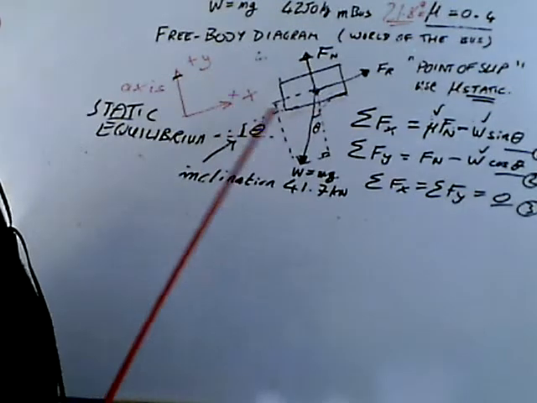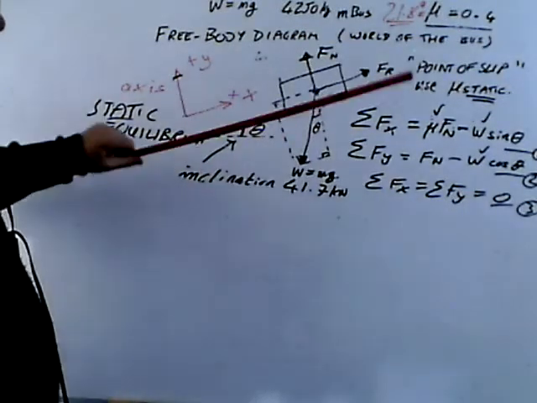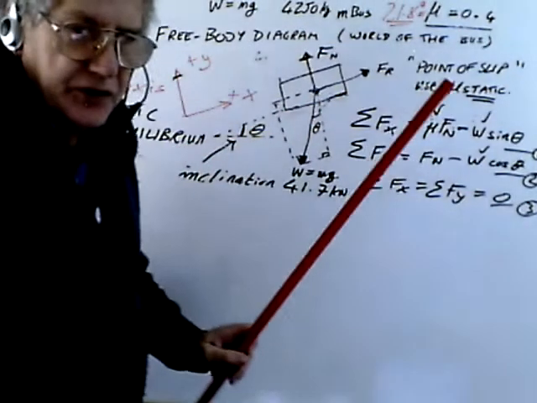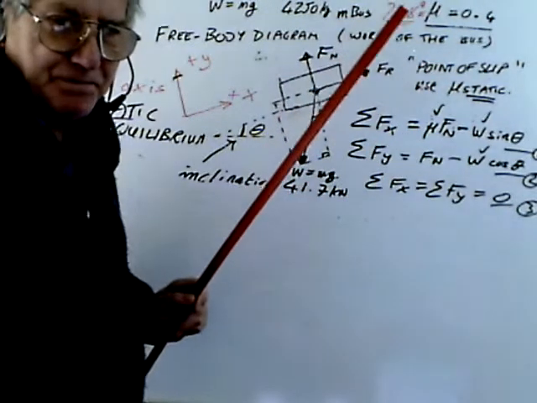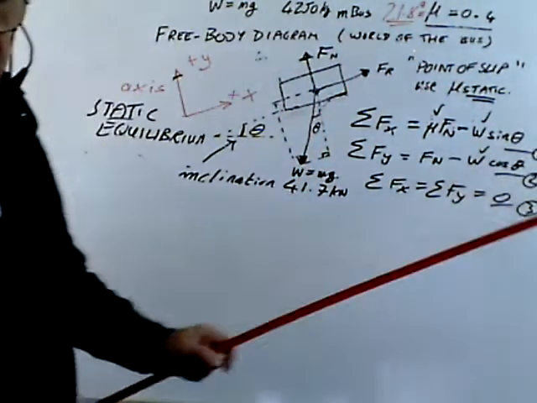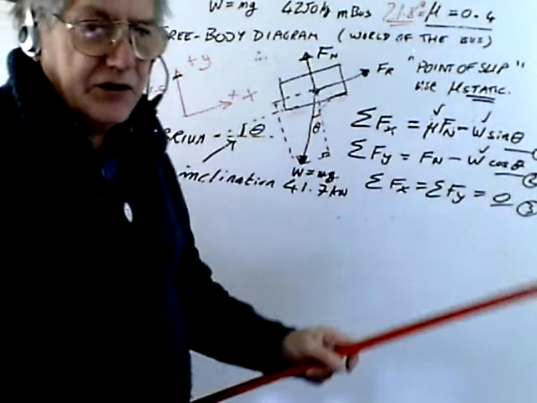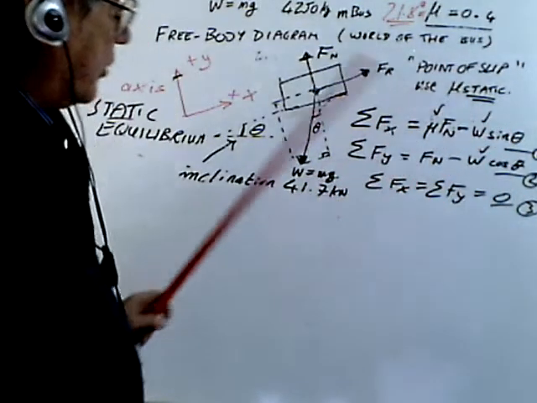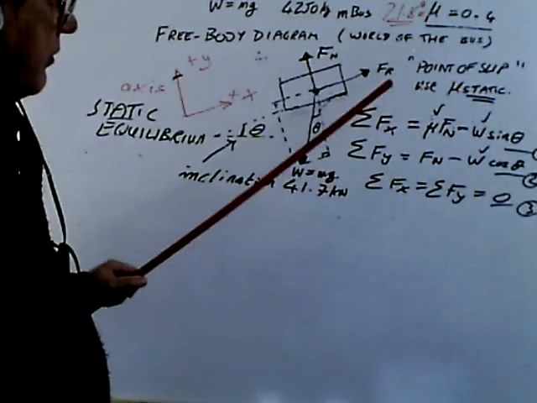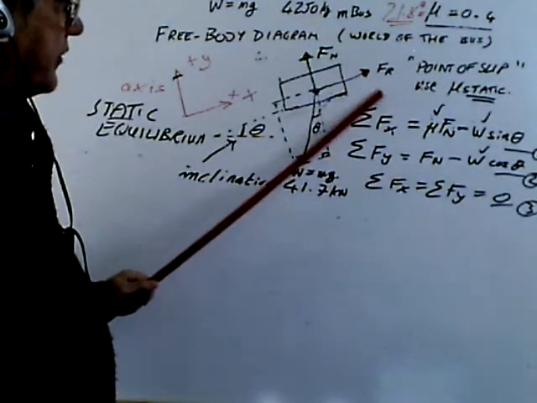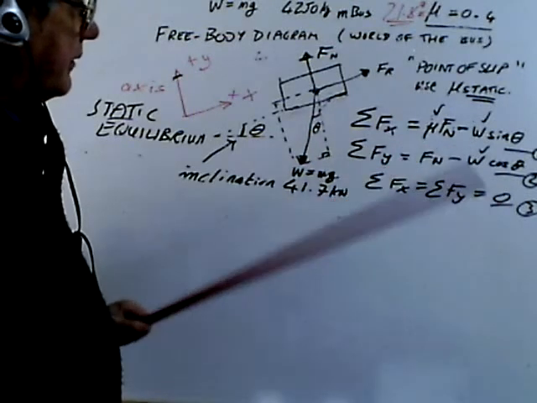But a rough surface is not a smooth surface because a rough surface has friction. Okay, so there's no such thing really as a smooth surface. Every surface has friction. We'll talk more about this friction maybe later on, but at the moment we're only interested in solving this particular situation.